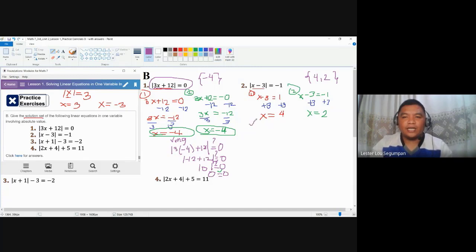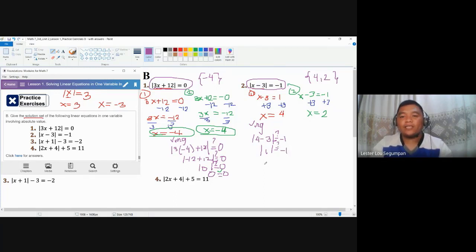So per checking, we need to use not this one, but the original given expression. That's what we substitute there. So you have 4 minus 3, is it equal to negative 1? Negative 1, because that's the value here. So 4 minus 3 is positive 1, question mark, negative.